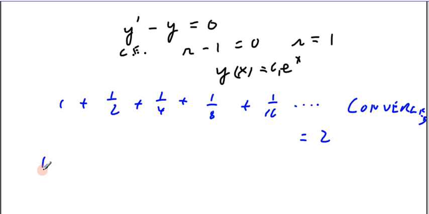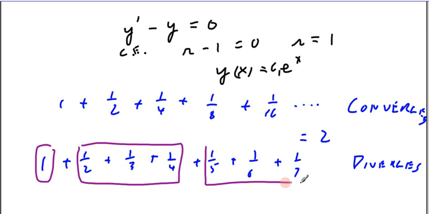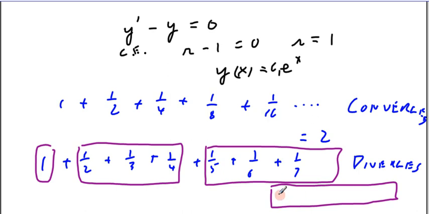But if I take 1 plus 1/2 plus 1/3 plus 1/4 plus 1/5, 1/6, 1/7, 1/8, I find that it diverges. I've got a 1 here, and I add it to another 1, and I take the next 5 terms and get another thing bigger than 1, and I take another 7 terms and get something bigger than 1, and I end up adding 1s, and I diverge, I go to infinity.